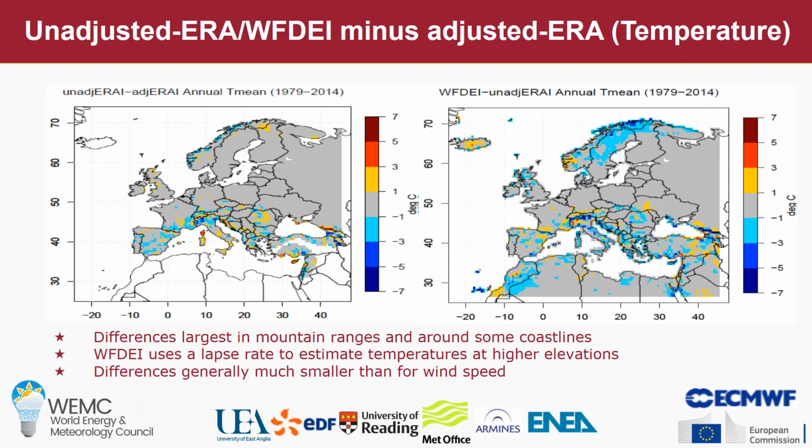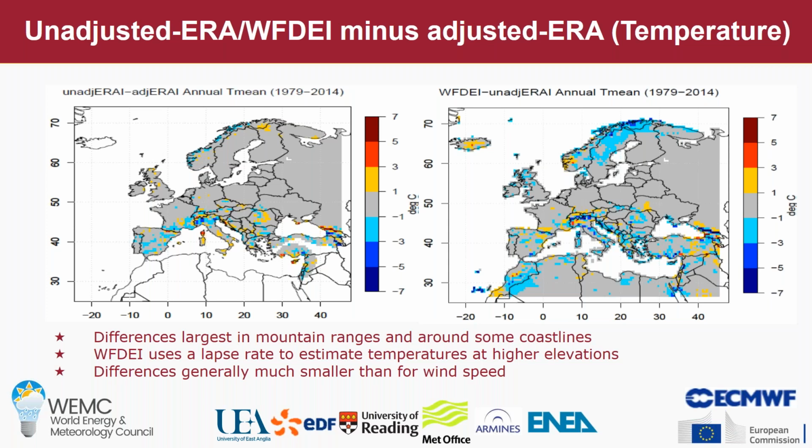The adjustments tend to be higher around mountainous regions, and particularly in regions where you're near coastlines in southern Europe. And you can see the same thing on the right with the WFDEI comparisons with unadjusted ERA. So these are their adjustments effectively, and you can see that they're making similar adjustments.